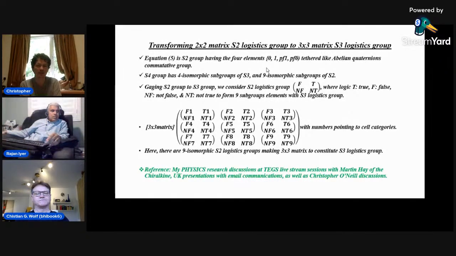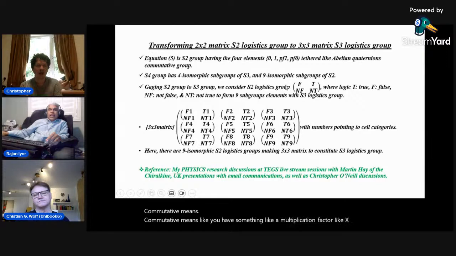Have you discovered that they are commutative? Commutative means you have something like a multiplication factor, like a times this matrix. You can have this matrix times a. That's commutative.